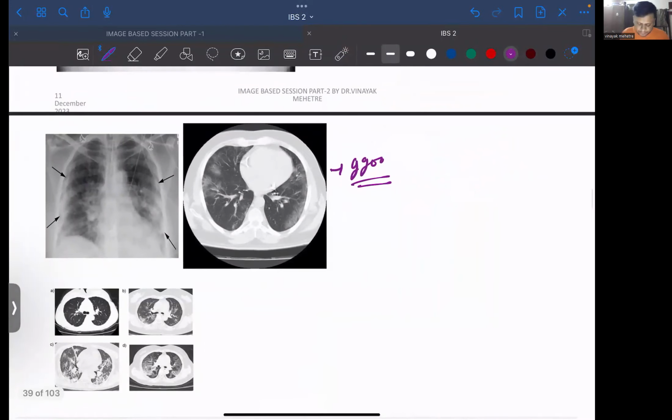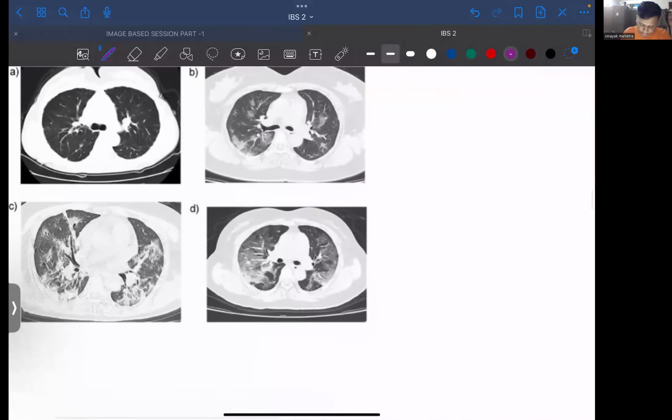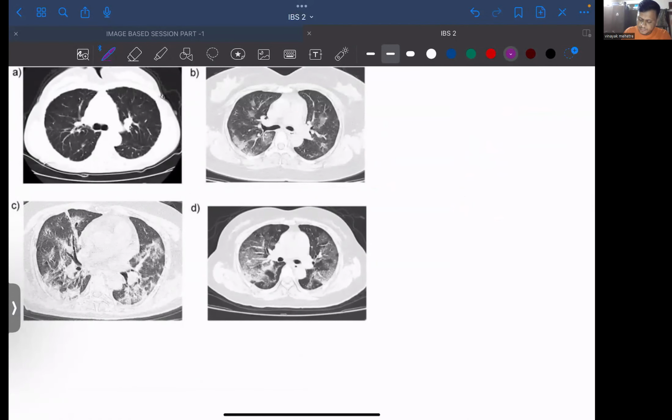ये कहाँ मिले हमें? We have seen this, है ना? You got to know after COVID came, but actually it was used for other diseases as well. Okay, ground glass opacities. हमने अभी देखा, it is seen in asbestosis as well, right? In COVID, you will see it. Some simple thing याद रखना.